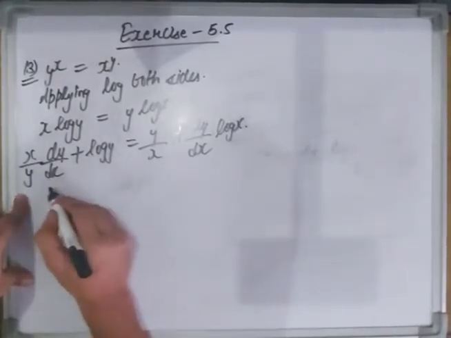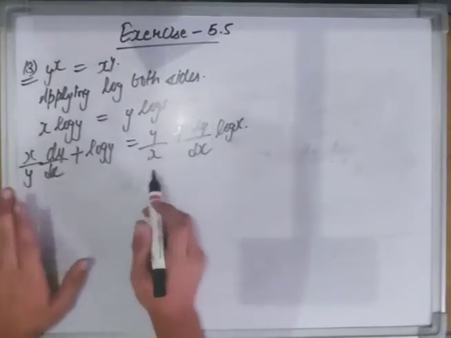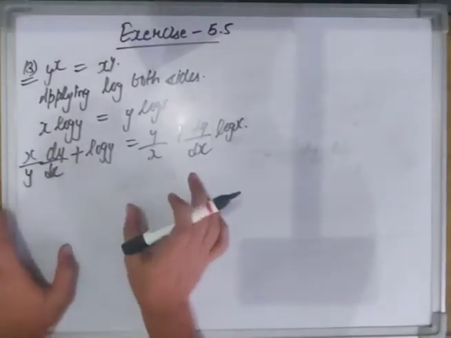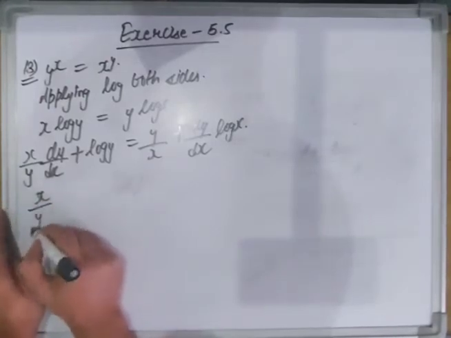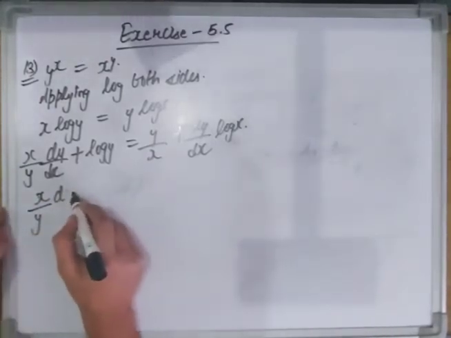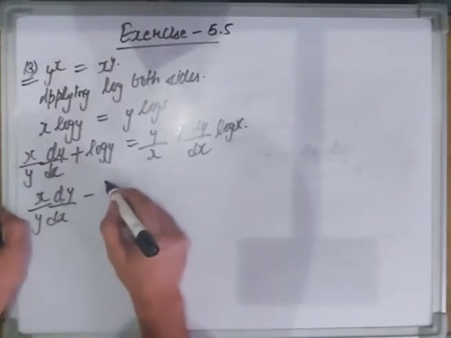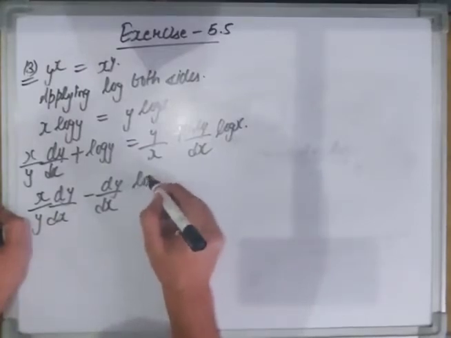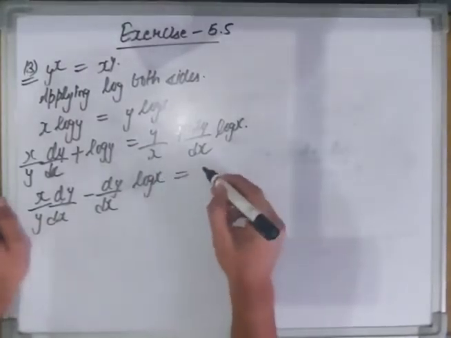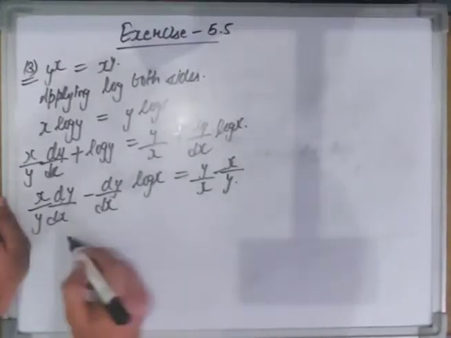Now taking the terms which contain dy by dx to one hand side and the rest of the terms to the other side. So I'm taking x by y dy upon dx minus dy upon dx log x equals y by x minus log y.